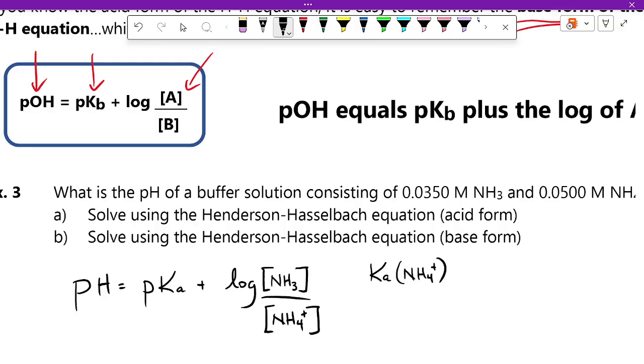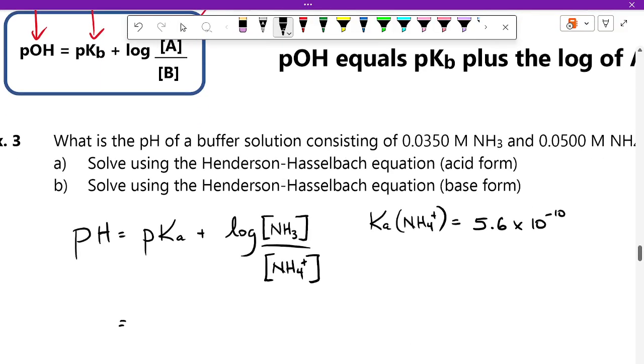Pick your acid and find its Ka. No, the whole point of the Henderson-Hasselbalch is you don't need to do a RICE table. It saves you the need of doing a RICE table.